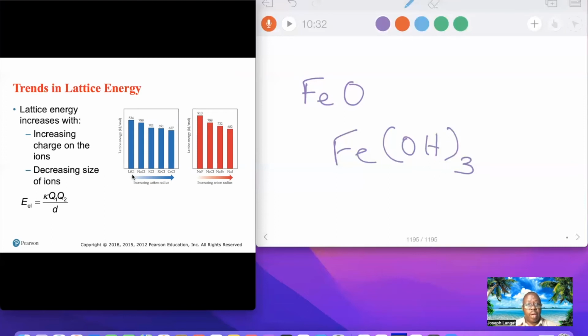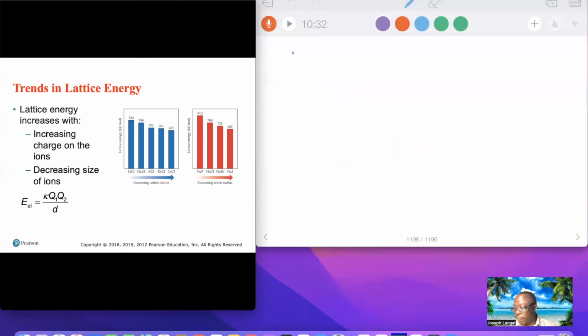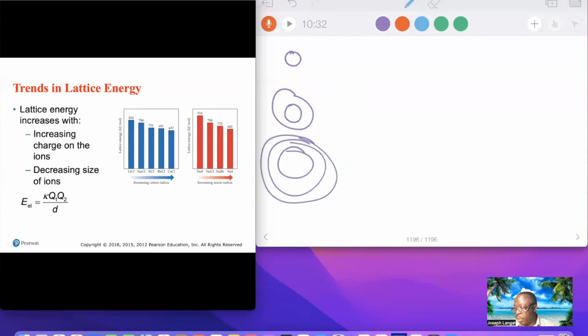If you look at the first diagram with the blue here, lithium, sodium, potassium, rubidium, cesium, the ionic radius keeps on increasing, whereas the lattice energy decreases. The reason for that is, let's say this is lithium and potassium, for example, and rubidium, the size is getting larger and larger.